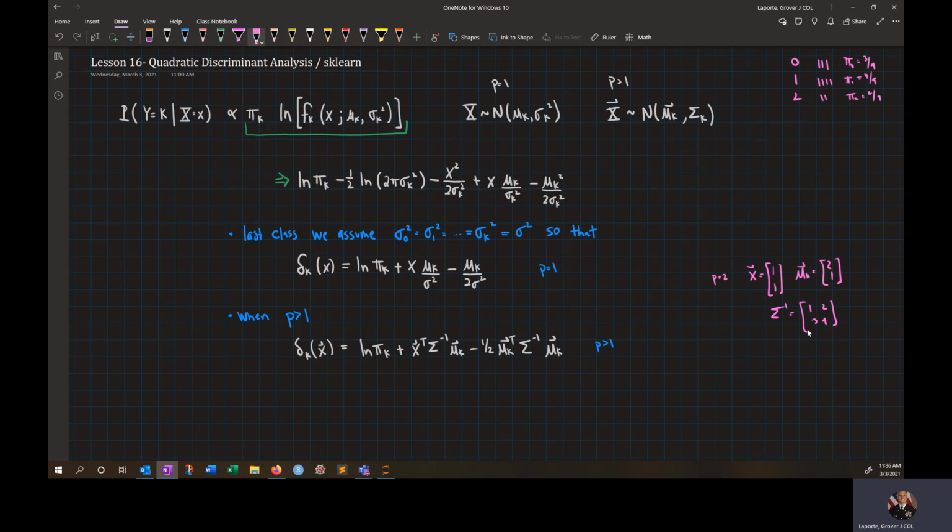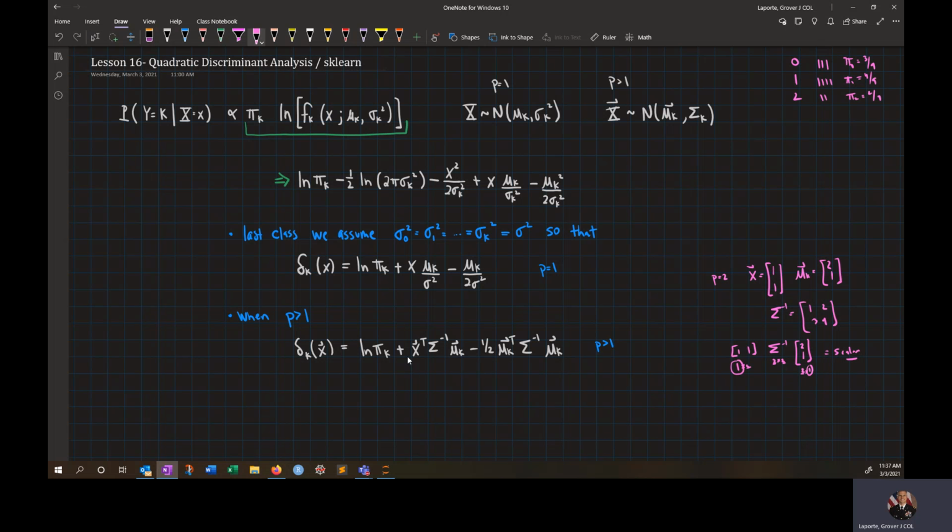Because it's going to be a p by p matrix. So what would this calculation look like? Well, it would be 1, 1, which is a 1 by 2, and then a sigma inverse, which would be a 2 by 2. And then this thing would be 2 by 1. And just note what happens, right? And this is a 2 by 1. So those two all line up, and you were just left with a 1 by 1, which is a scalar.